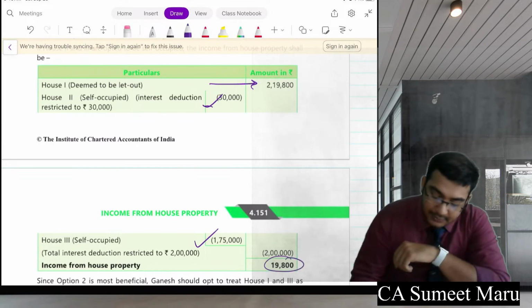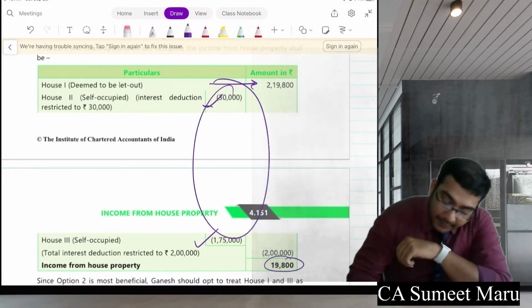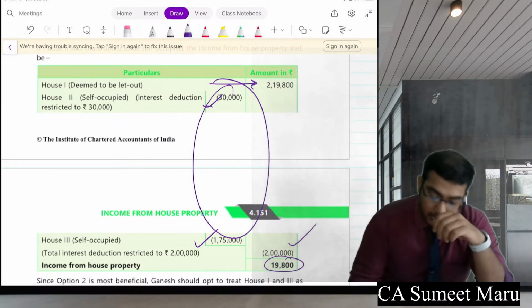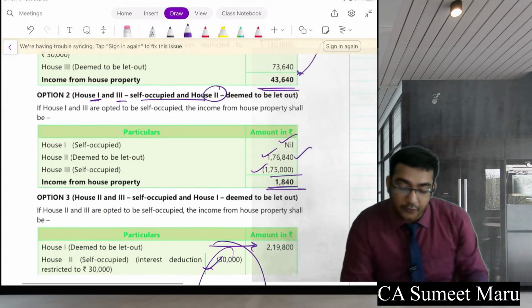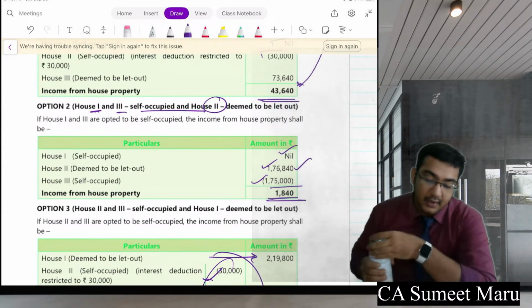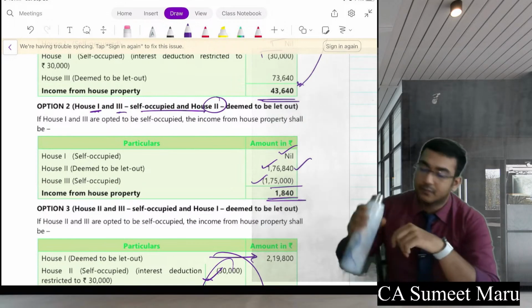So your income comes, but this total has to be also limited to 2 lakhs only. Okay, so your income comes how much? 19,800. So which option is more feasible for you? Option 1, 2 or 3? Yes guys, which option is more feasible for you?